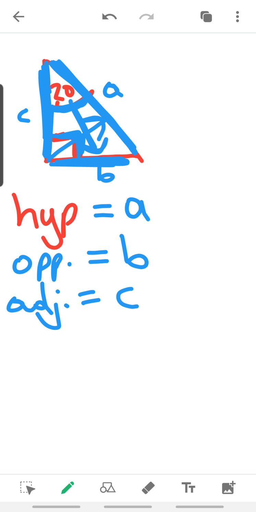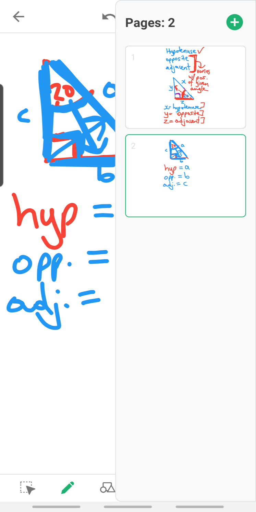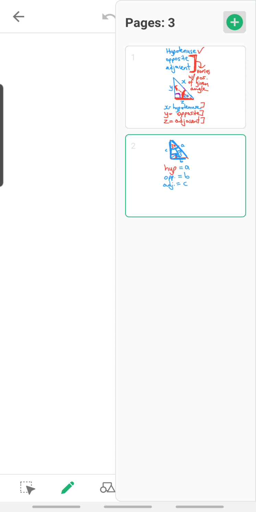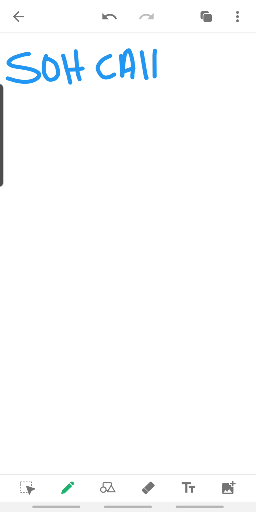Now it's all going to make sense in a bit because I'm sure you all are probably wondering what's the importance of being able to recognize which side is which. So now here we're going to introduce you all to our trigonometric ratios, okay? So I'm just going to write something here.